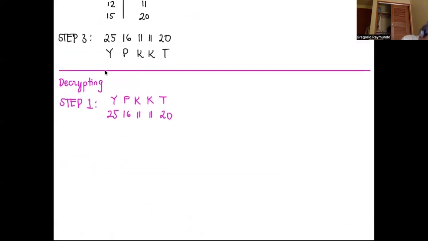So, meron tayo dito, step 2. So meron tayong Y is equal to 3x plus 1.